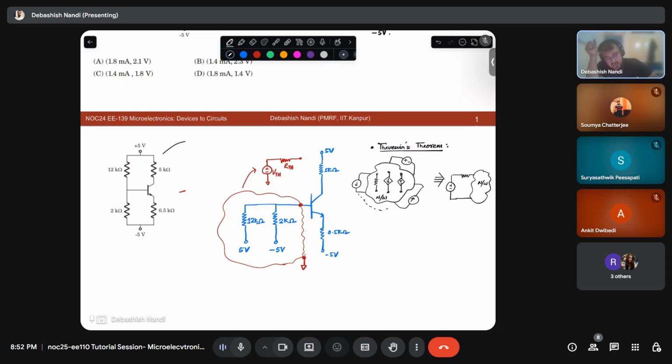The condition is that the network is a linear network. That means it consists of only resistances and controlled current sources, because these are linear elements of your circuits.